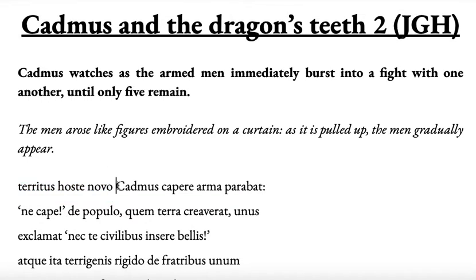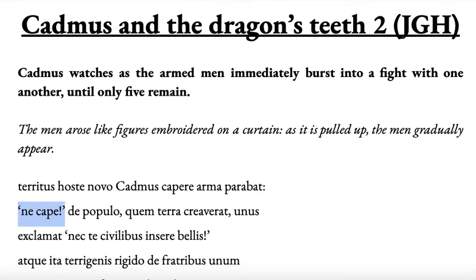And then the next part is Cadmus capere arma parabat. Cadmus was preparing, parabat, to take, capere, or to take up, arms, arma, arms in the sense of weapons. And then we have a bit of direct speech here, which is ne caper. And this means do not take them.